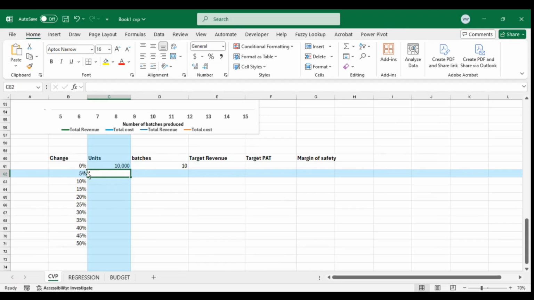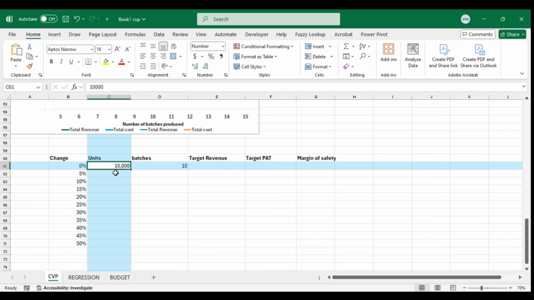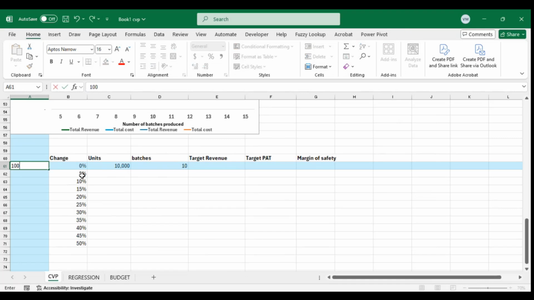So if the units was to increase by 5%, remember the 0% actually implies that at this point we are operating at 100. We are at 100%. And this 100%, so there's actually a 5% change. Remember, we talked about sensitivity analysis within the context of CVP. So ideally, the 0% means it is actually at 100%.